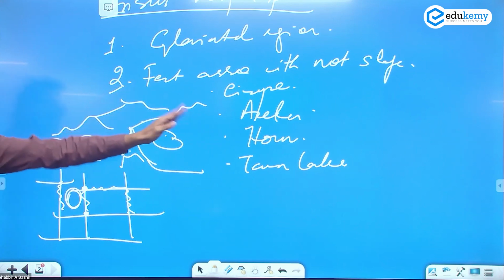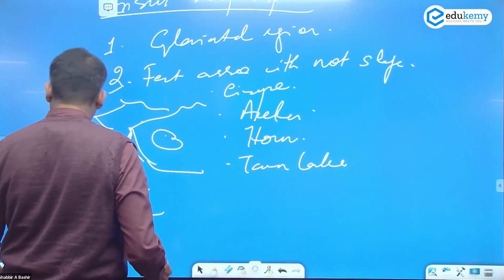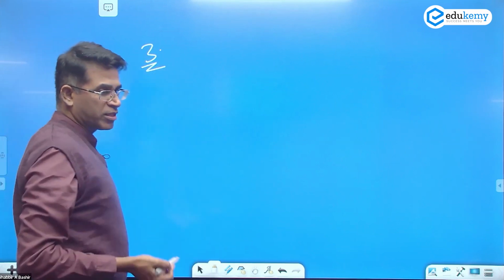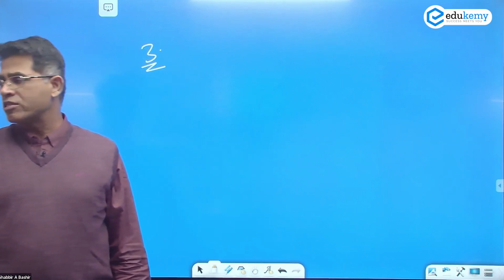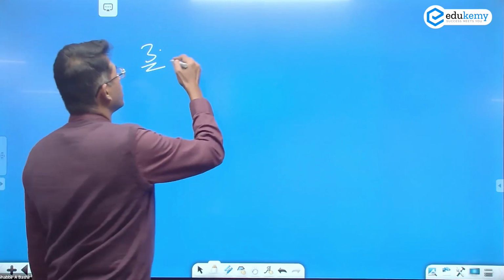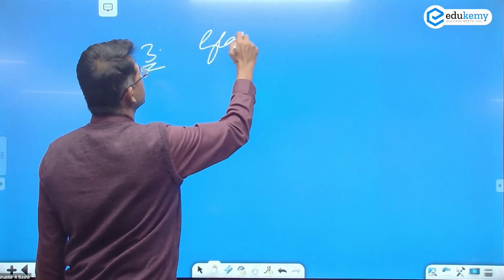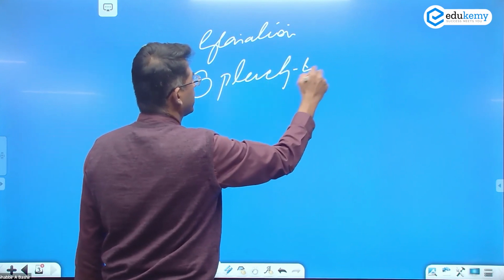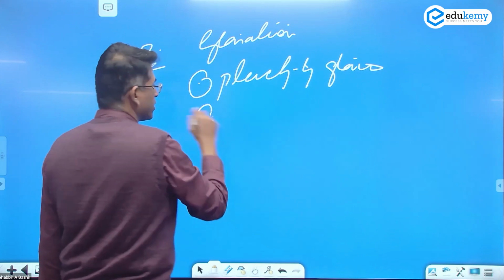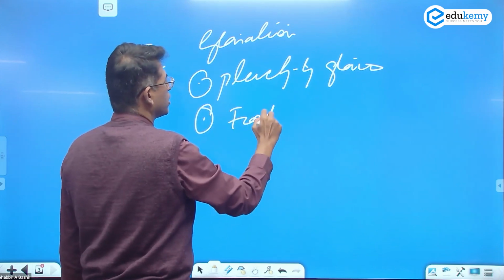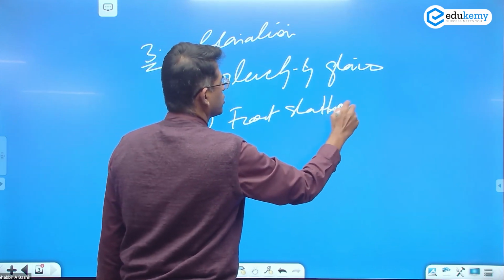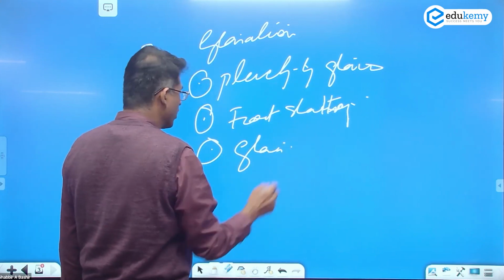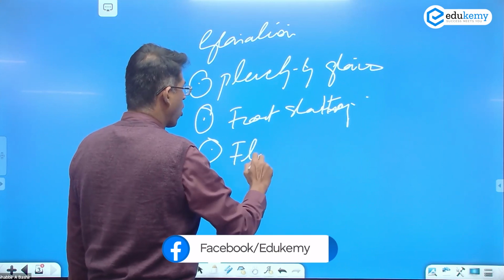You describe that. What are the processes associated? Basically, 3 processes operate here, and they all are related to glaciation. One is the plucking action by the glaciers. Number 2 is frost shattering. You also have the fluvio-glacial processes, as the meltwater runs off.